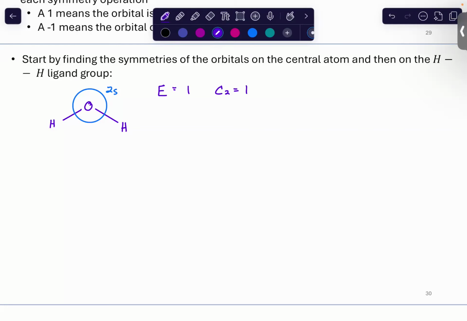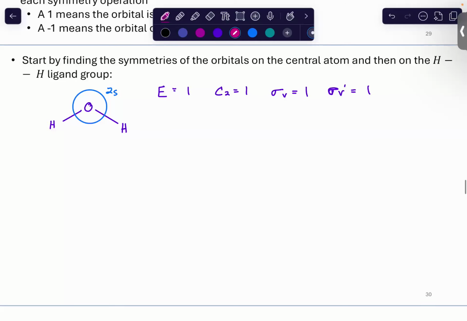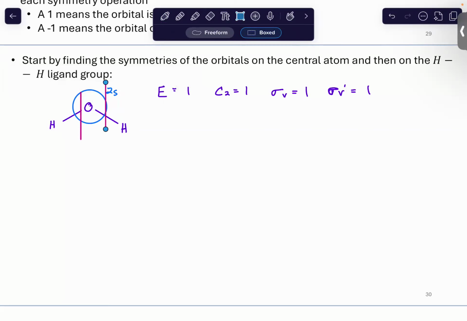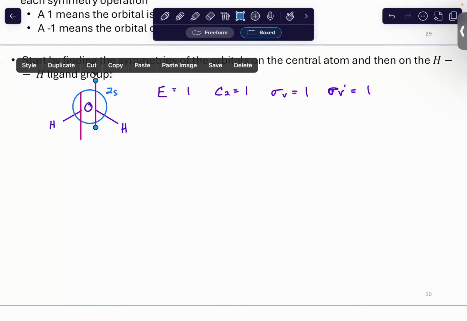Do we remember which way our sigma V points? It'll be in between those hydrogens. So your sigma V... I guess is the V prime?